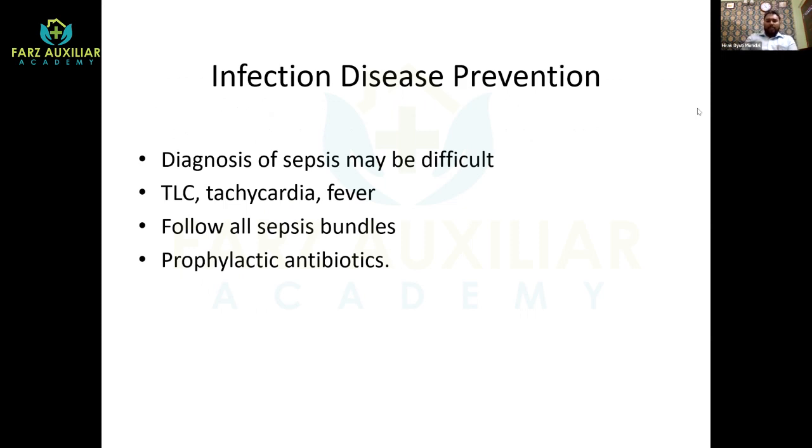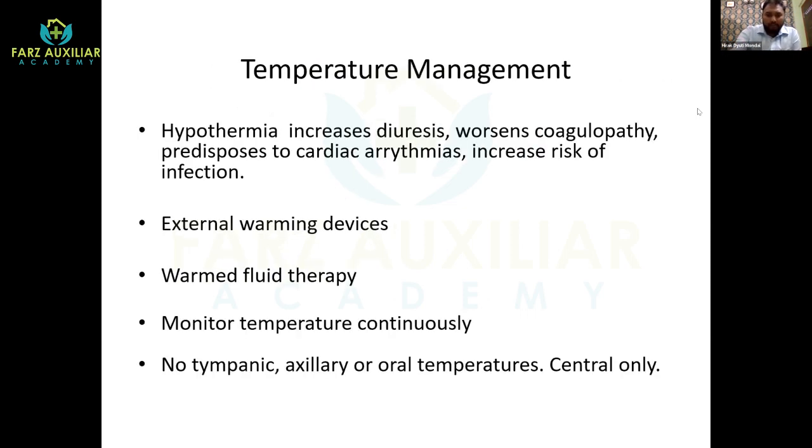Next, infectious disease prevention is needed, and prophylactic antibiotics can be given, and sepsis bundles should be followed because these patients are at increased risk of infection. Another important thing is temperature management, because the hypothalamus is lost, so there is some kind of hypothermia. So external warming devices are required.